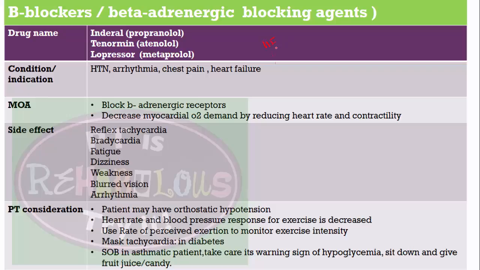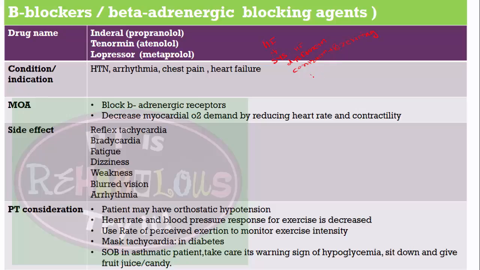For heart failure, almost all patients have systolic heart failure. So systolic dysfunction is there. If systolic dysfunction is there, there is a contraction problem. Contraction problem means it is contracting too much, it's not relaxing.